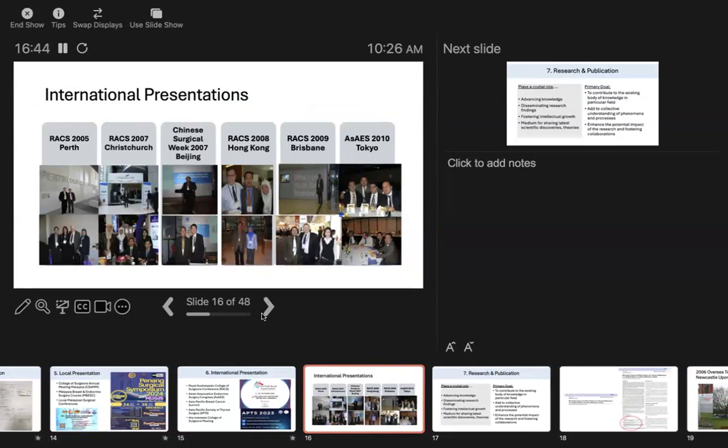We already know the congress next year will be in Australia, so we save a little for the registration. And usually we share the hotel accommodation. Perth, Christchurch, Beijing, Hong Kong, Brisbane, Tokyo, you see how many countries we have traveled to. It's good. We have presented in all these kinds of congresses, and until now we still have the memories.